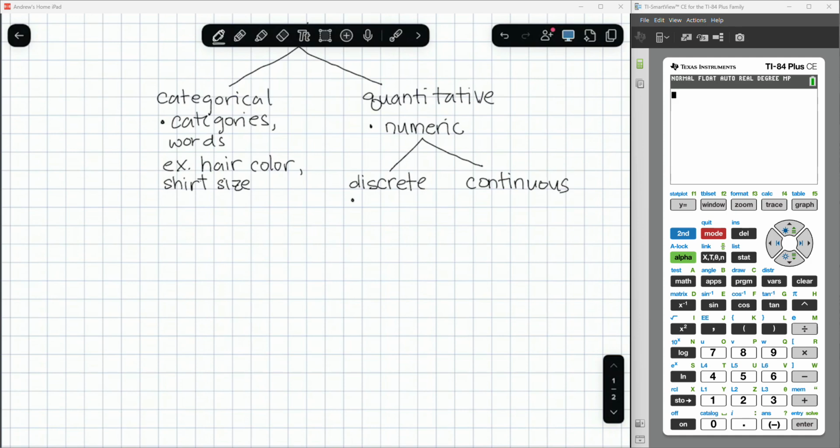Discrete data is countable. It comes from counting things. So example, number of books in a library, number of tickets sold for a show. Almost always discrete quantitative data starts with the description number of and then something. So discrete is countable.